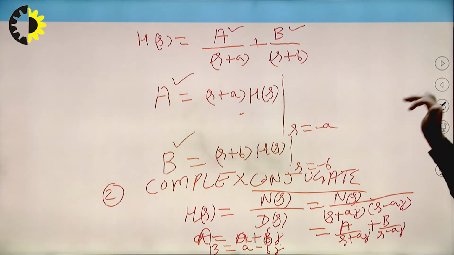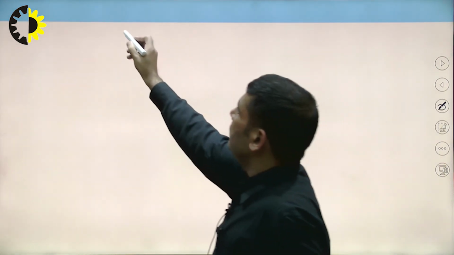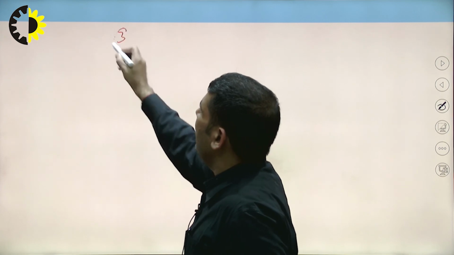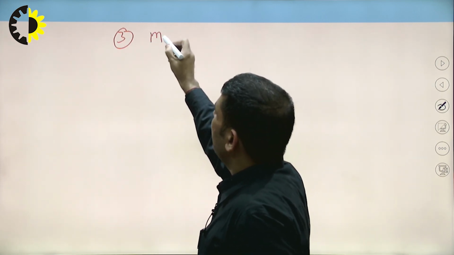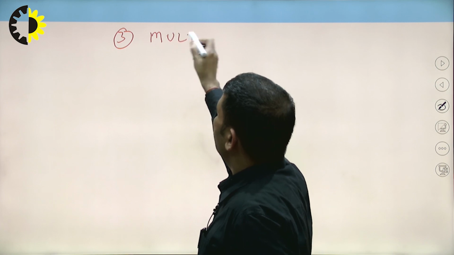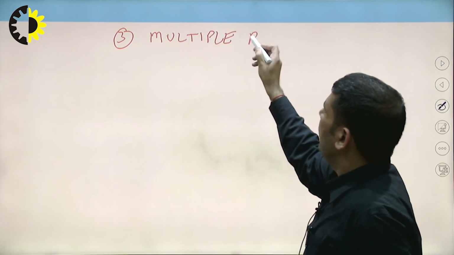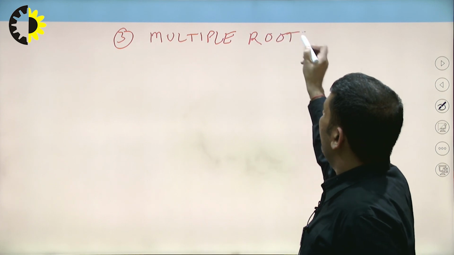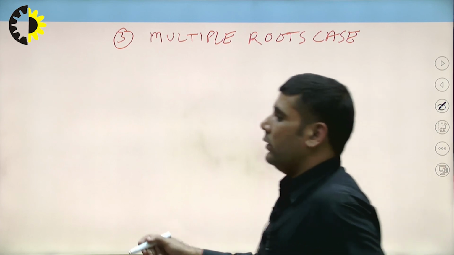Okay, so let us discuss the third case. The third case is basically a little bit tricky: the multiple roots case. Okay, suppose take an example.